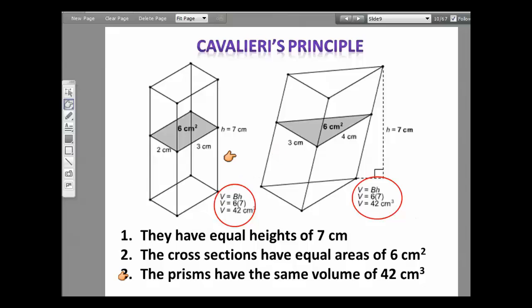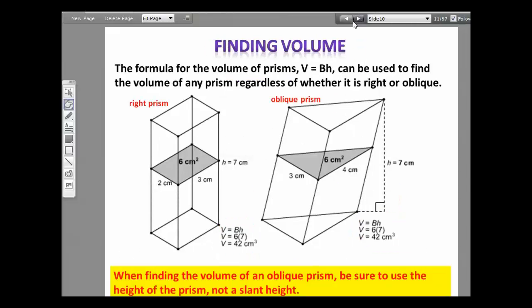What this picture does is prove to us that it's true, because they calculated the volume of the rectangular prism and the volume of the triangular prism, and they both came out to be 42 centimeters cubed.